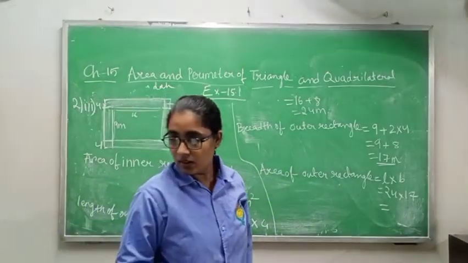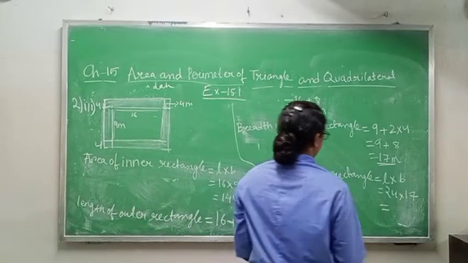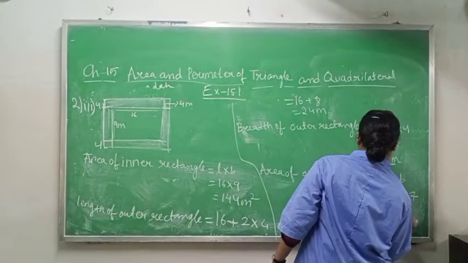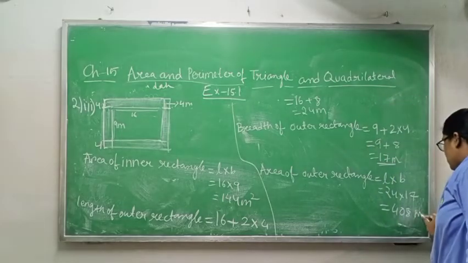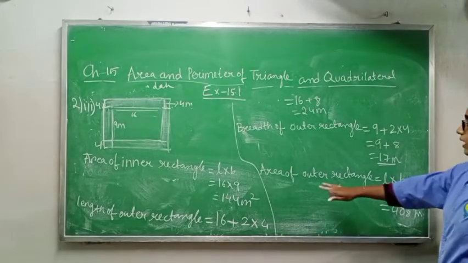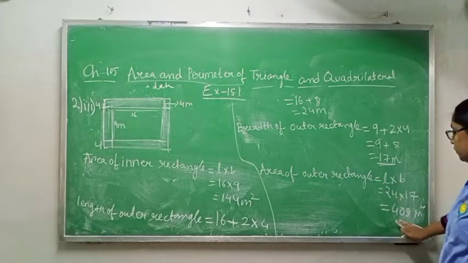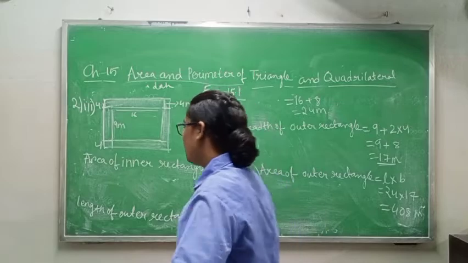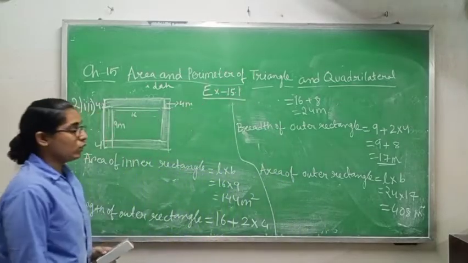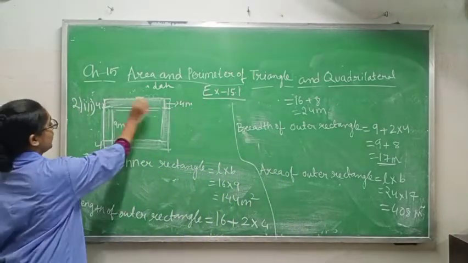You will get 408 meter square. Okay. So area of outer rectangle you are getting 408 and area of inner rectangle is 144. Now you have to subtract to find the colored part.